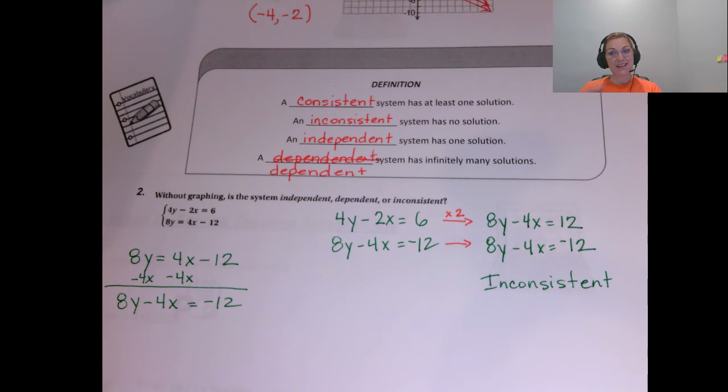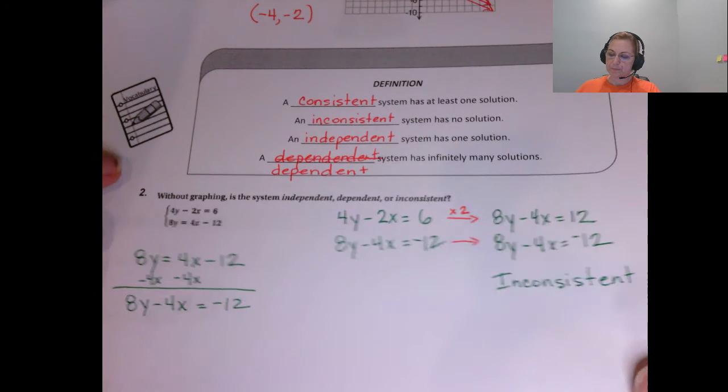If they had been exactly the same on the left and exactly the same on the right, we would have gotten a dependent system. So this is an inconsistent system here.